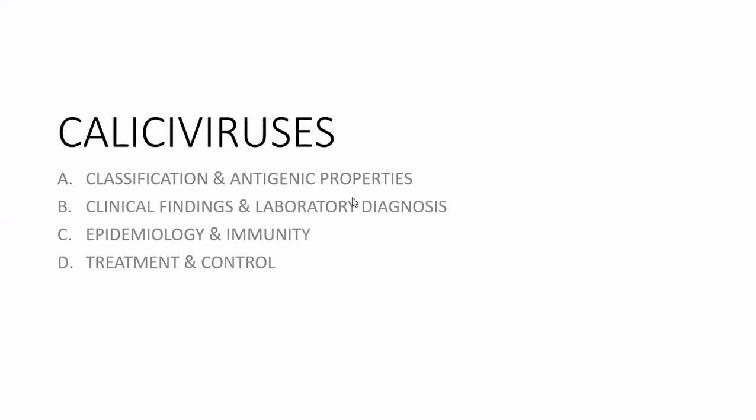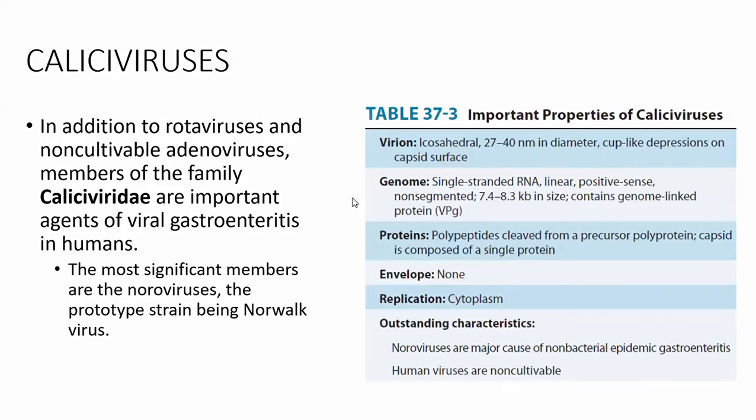For the caliciviruses, in addition to rota and non-cultivable adenoviruses, the members of the Caliciviridae are important agents of viral gastroenteritis in humans. The most significant member are the noroviruses, with the prototype strain being the Norwalk virus.